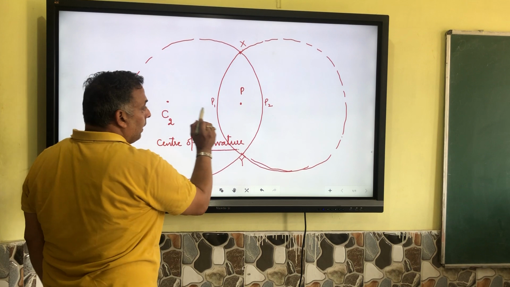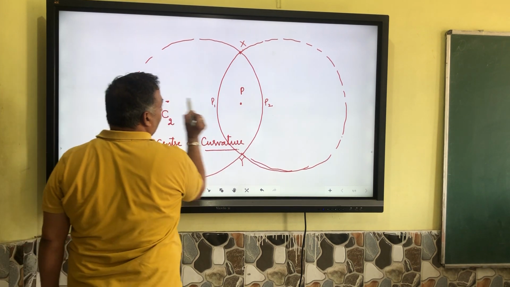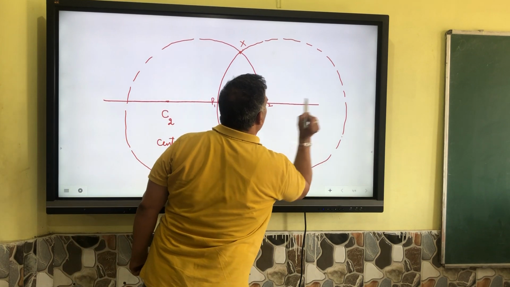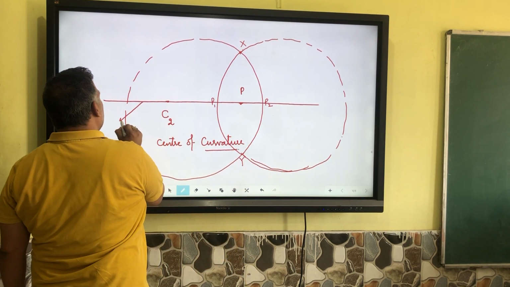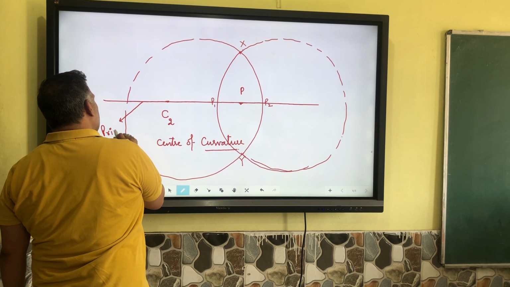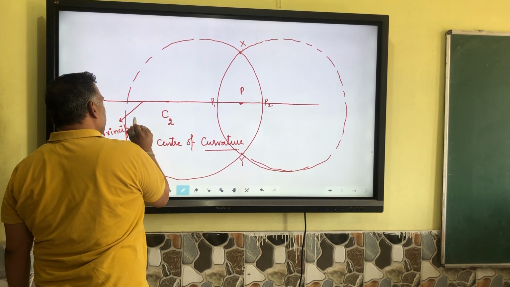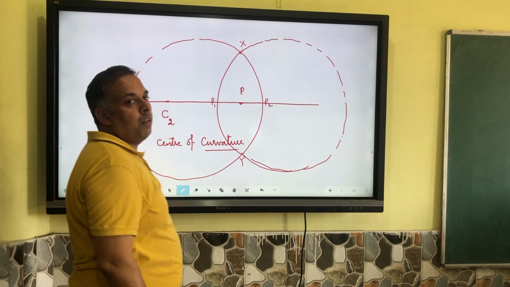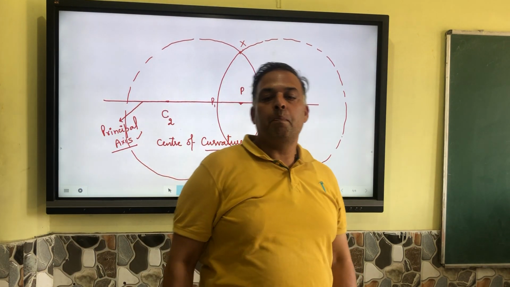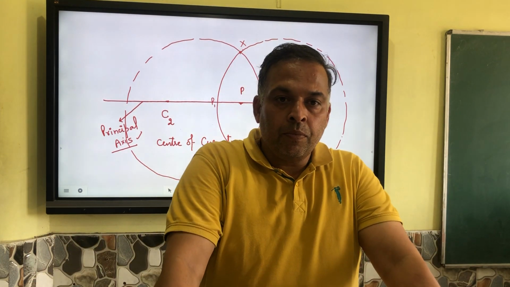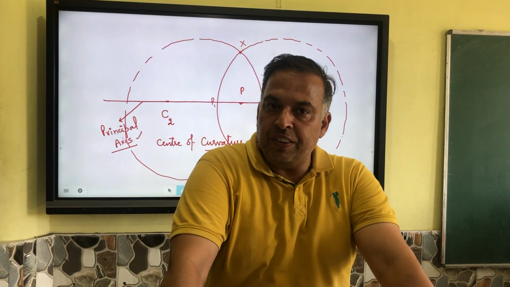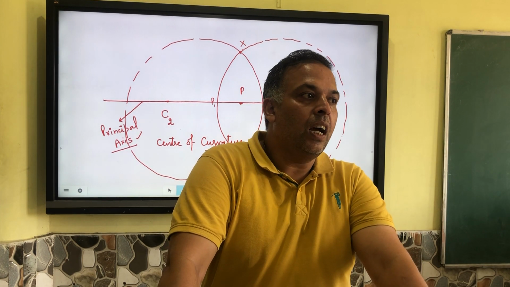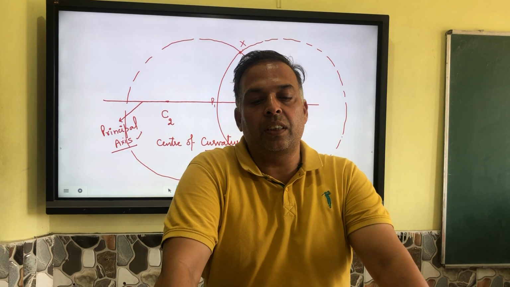And the line that passes through the center and the pole is known as the principal axis. We can have two types of surfaces: one is the concave refracting surface, another is the convex refracting surface.